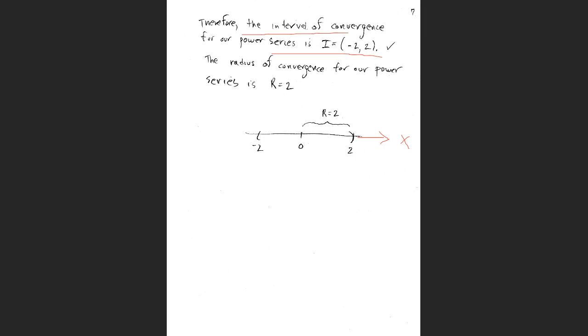Now, associated with an interval of convergence is what they call a radius of convergence. If you take your interval and split it in half, the length of one of the halves is your radius of convergence.